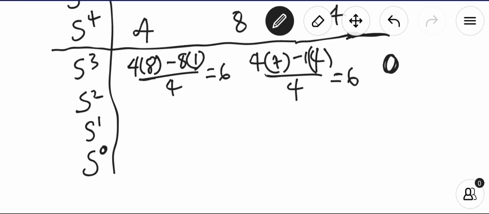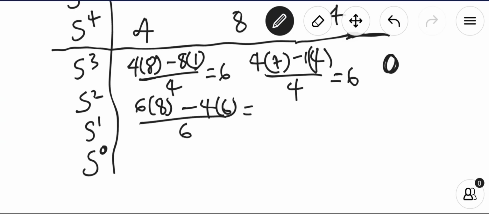Then you do the same thing for s squared. It will be 6 times 8 minus 4 times 6 divided by 6. You have 4 as your output.